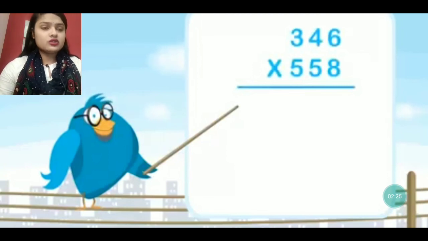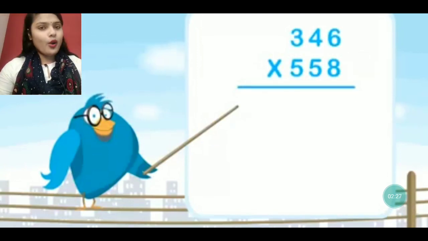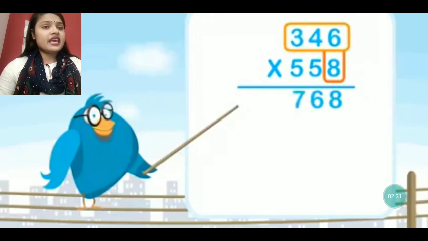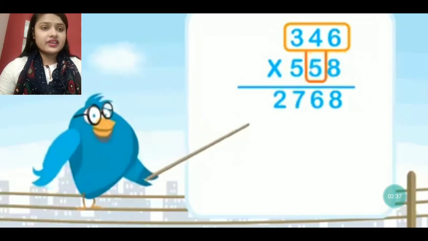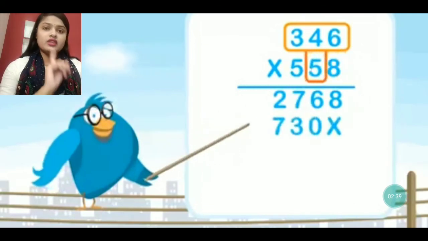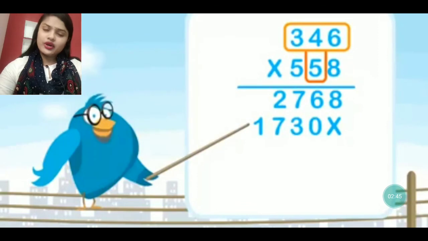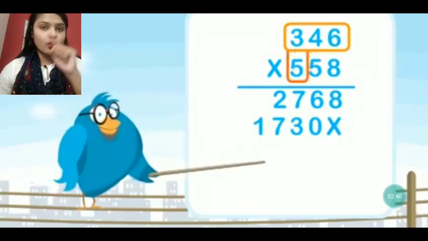Here also we have to multiply all the numbers with the first digit, that is 8. Means 8 into 6, 8 into 4 and 8 into 3. The product which you will get is 2768. Now we will move to the next place and multiply with that. Again we will get 1730. In the first place you will put a cross or 0.